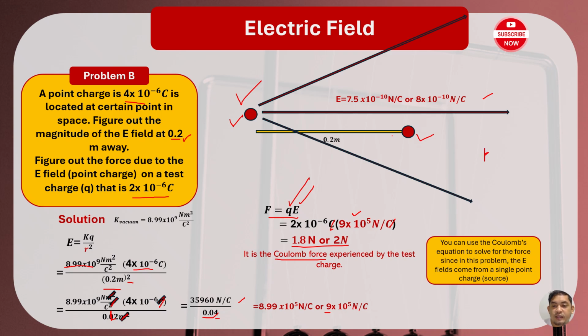You have the value of K multiplied by charge 1, which will be the point charge, and then charge 2, the test charge. Then you divide it by r squared. That's our Coulomb's force. You will still arrive at the same answer.